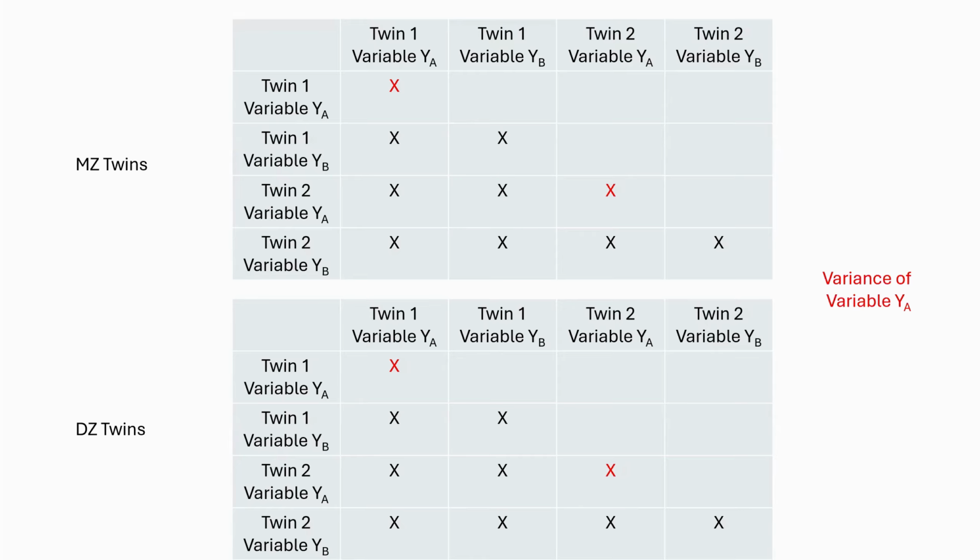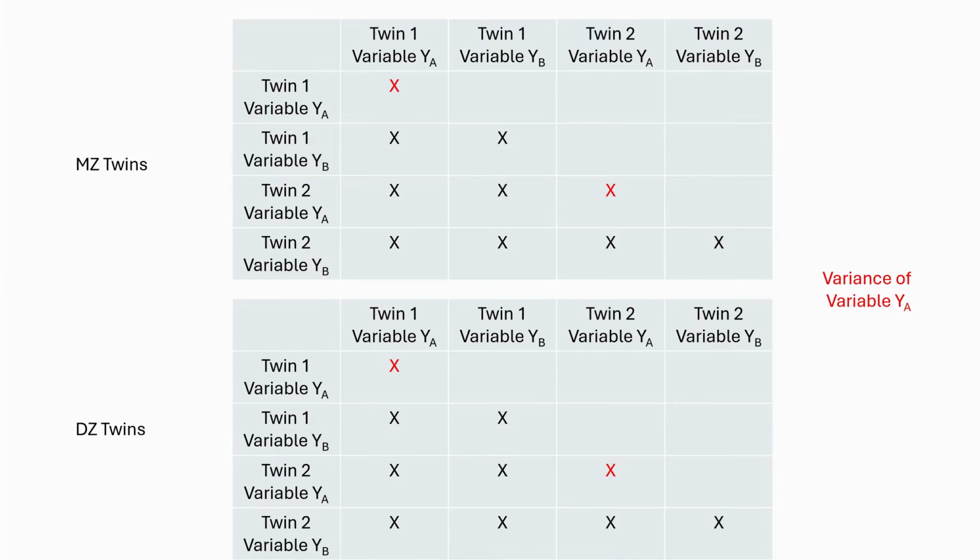First of all, our models assume that there are no differences in variance between twin 1 and twin 2 for variable YA, and no differences between MZ and DZ twins in terms of their variance of variable YA.